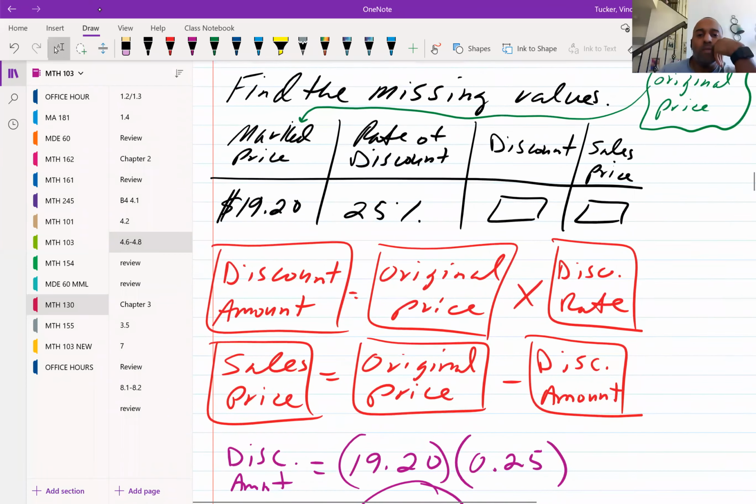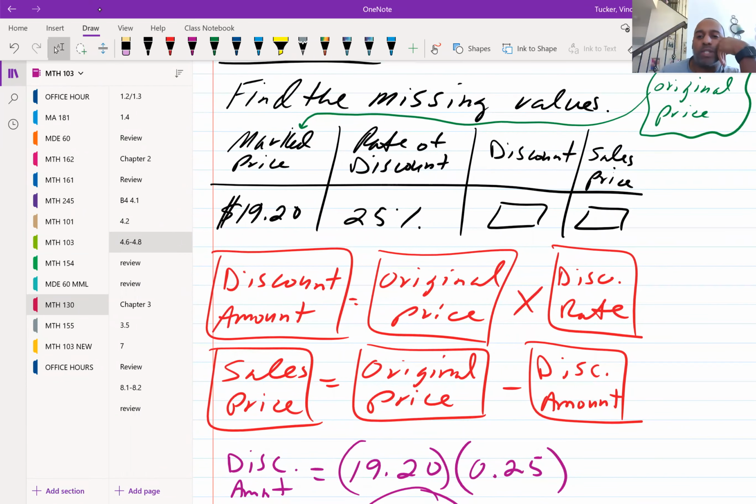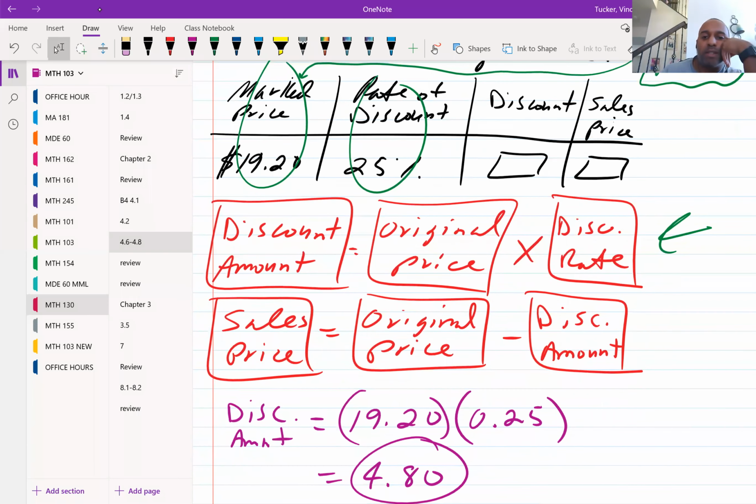So going back to Ms. Braxton's question, now you've got to match up what piece goes with which according to the formula. My original price is 1920. That goes right here. My discount rate, 25%, is 0.25. That goes right here.